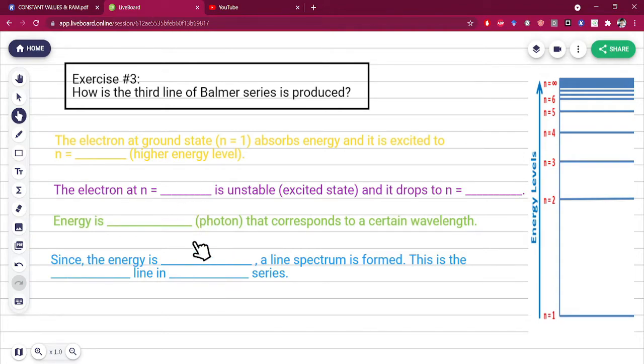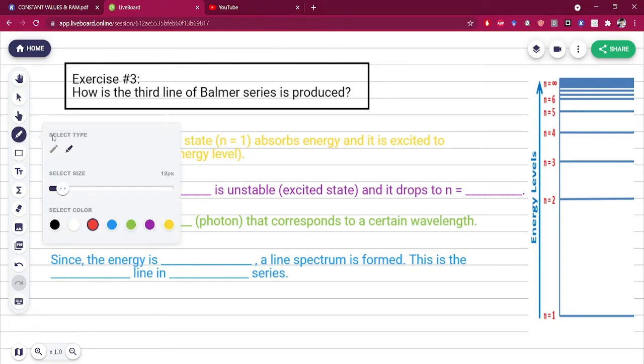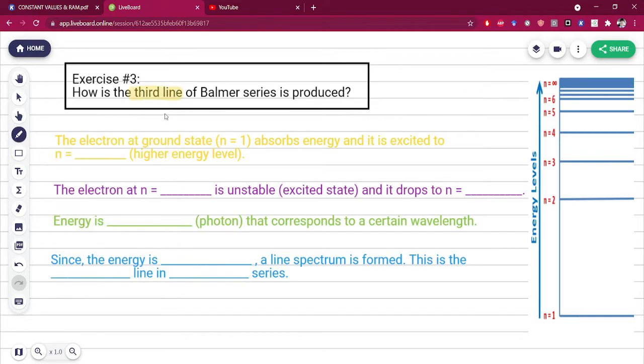It will follow the same steps over here. Now, look at the question. The question requires you to explain how the third line of Balmer series is produced. So you always start with the electron at ground state n equals 1, absorbs energy, and is excited to which n.